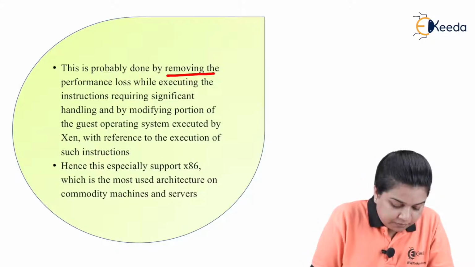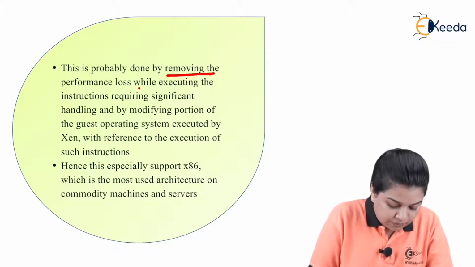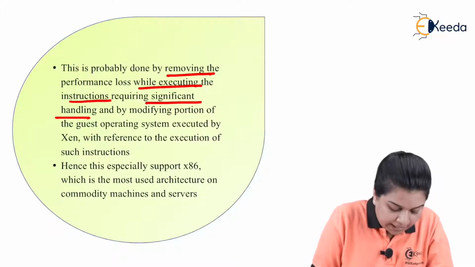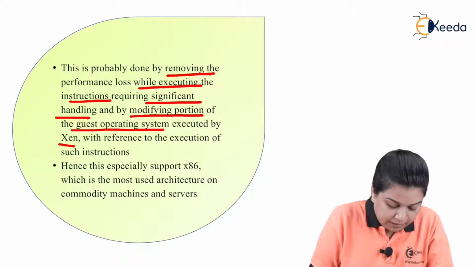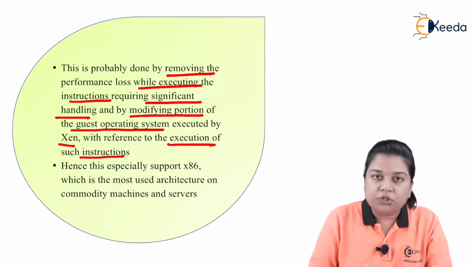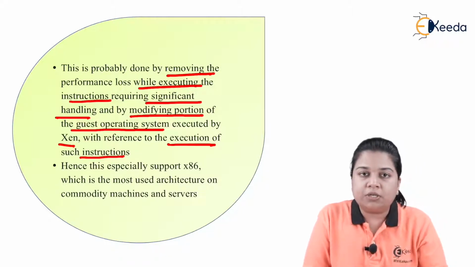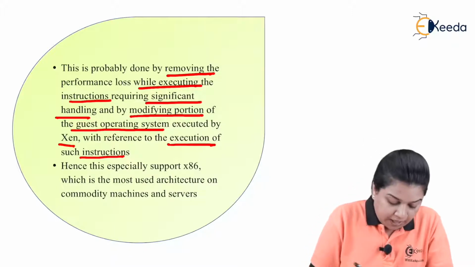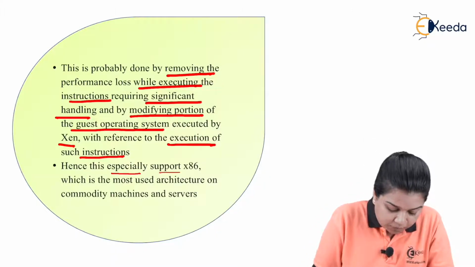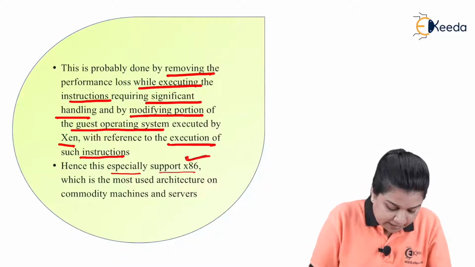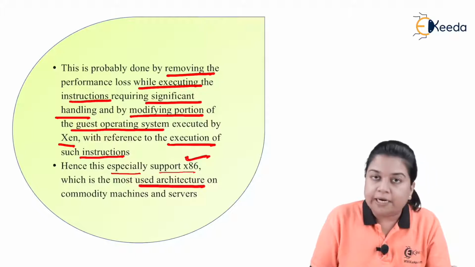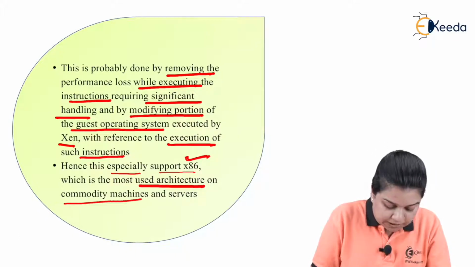This is done by removing the performance loss while executing the instructions requiring significant handling, and by modifying a portion of the guest operating system executed by Xen with reference to the execution of such instructions. Such instructions means the instructions given by Xen. Hence, this especially supports x86, which is the most used architecture on commodity machines and servers.